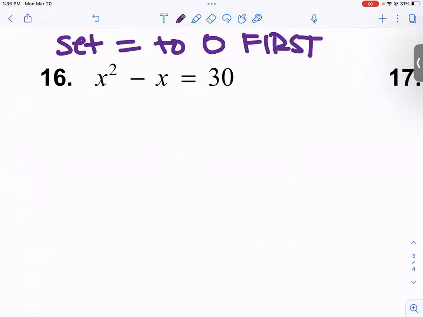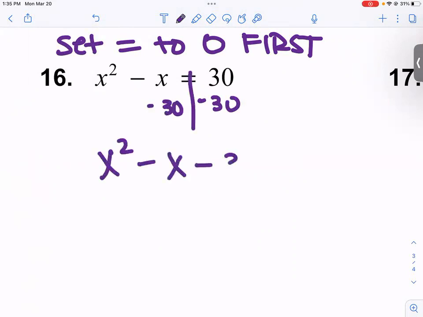So if it doesn't equal 0, my first step is to rearrange that equation to where it equals 0. So I'm going to take 30 and subtract it from both sides.